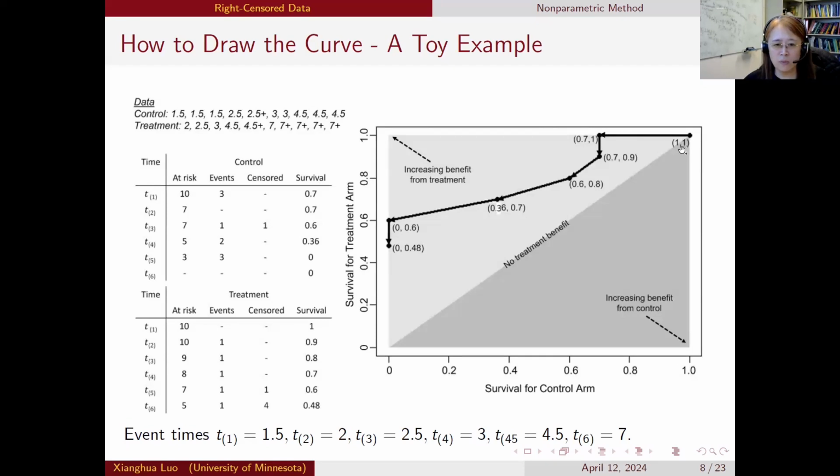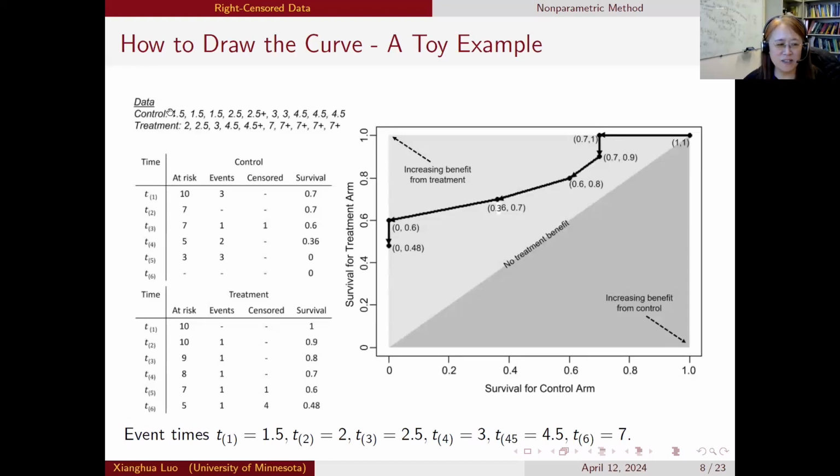Here we start from the 1, 1 point. And then the first death time is 1.5, and 3 of them all occurred in the control group. I should mention that the x-axis in this survival ROC plot is the control arm, and the y-axis is the treatment arm. So we need some imagination here.